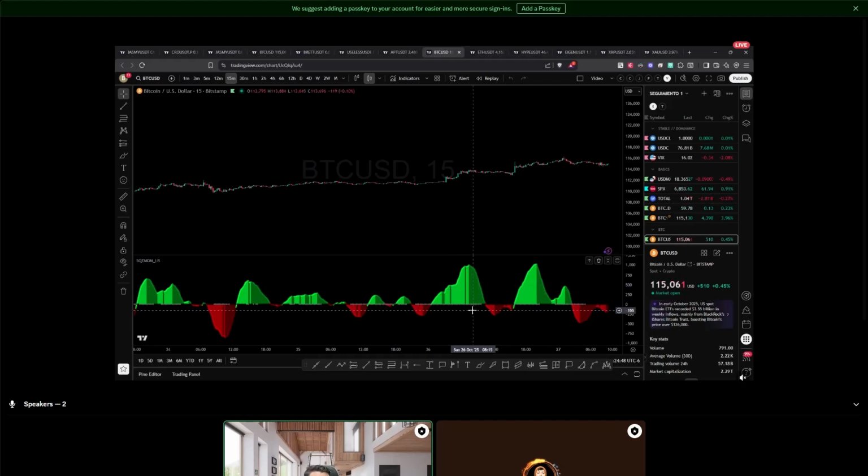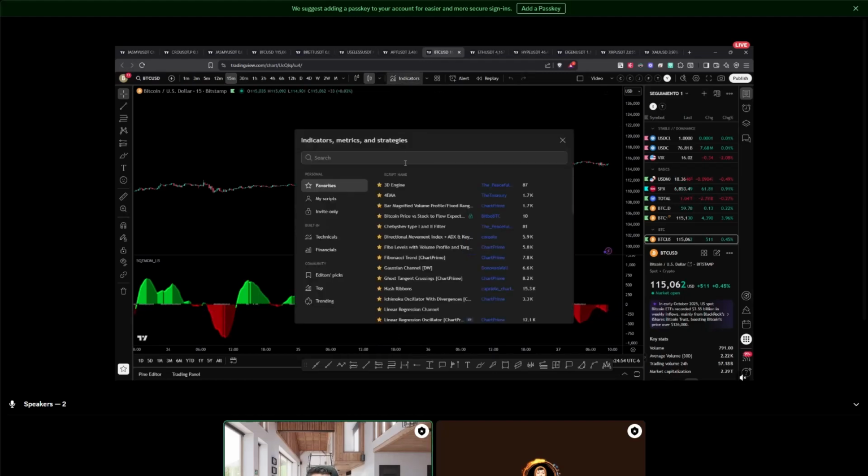And then Chart Prime developed the linear regression oscillator, which is not only way better, but it adds a lot of features that this one doesn't have. That's why it is currently one of my favorite indicators. So, linear regression oscillator by Chart Prime. You just click it.